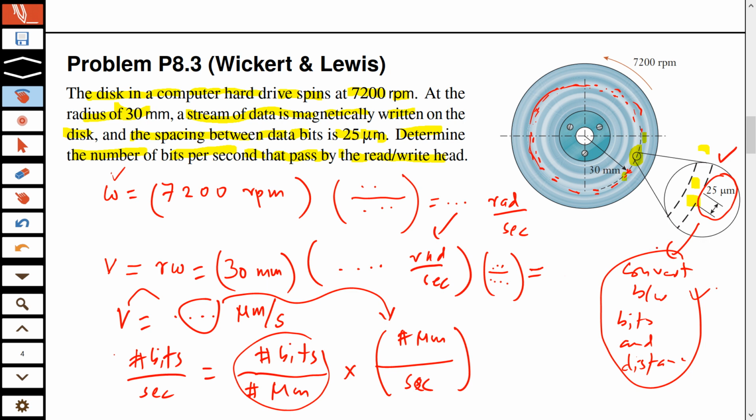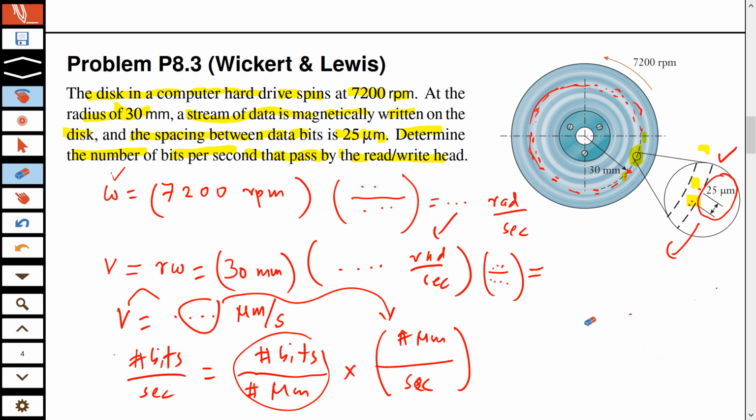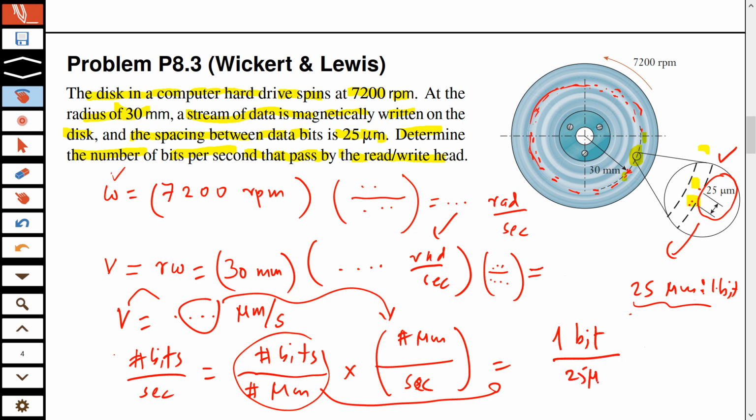This is this 25. Let me simplify this because this can confuse you. You have 25 micrometers for 1 bit. So for this number you have to write 1 bit per 25 micrometer, with the 25 micrometer in the denominator.